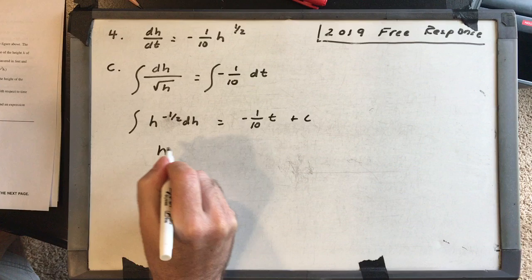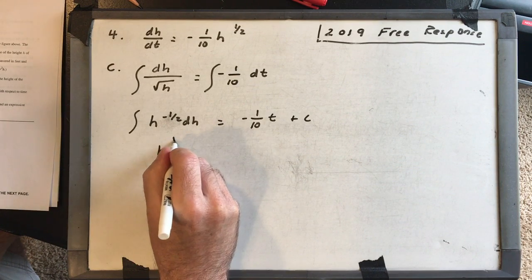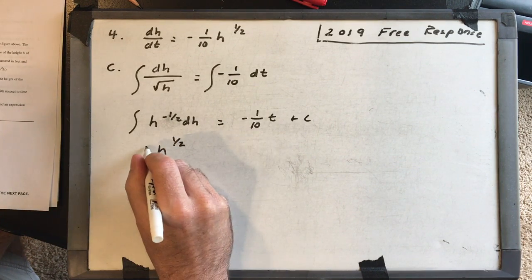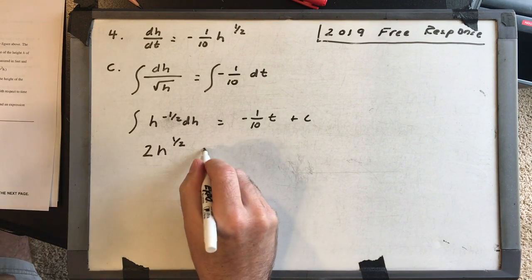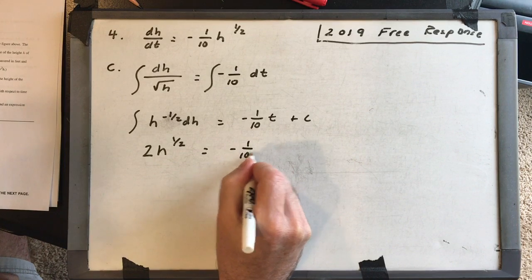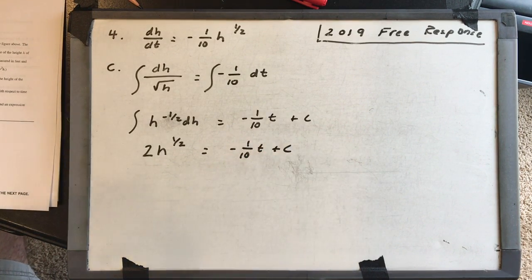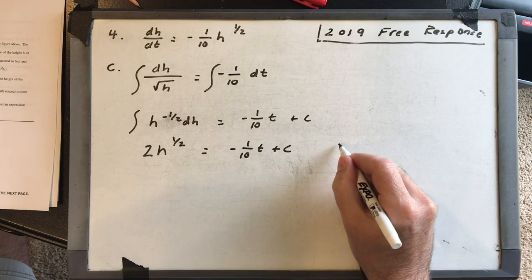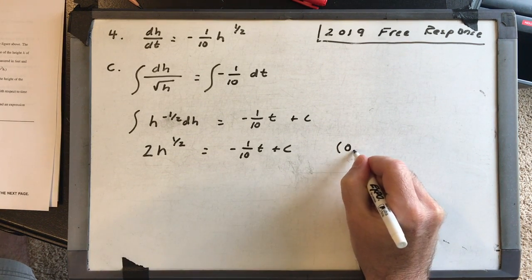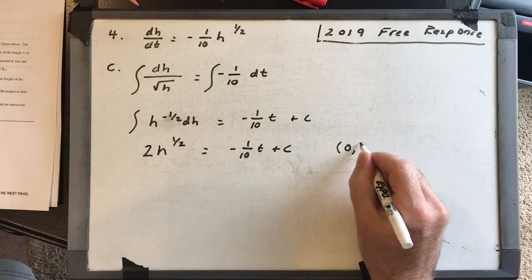So this would be add 1 to the exponent, so 1/2. We need a 2 out front, right? 2h to the 1/2 is equal to negative 1/10 t plus c. Our point of interest is when t is 0. Okay, so we've got t is 0 and h is 5.